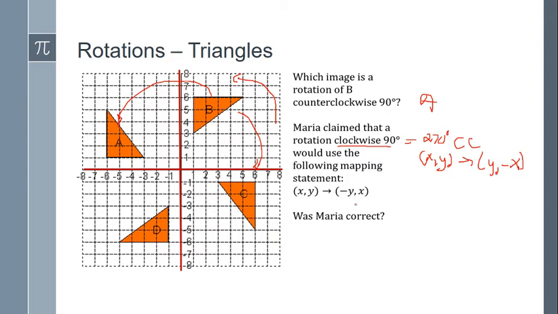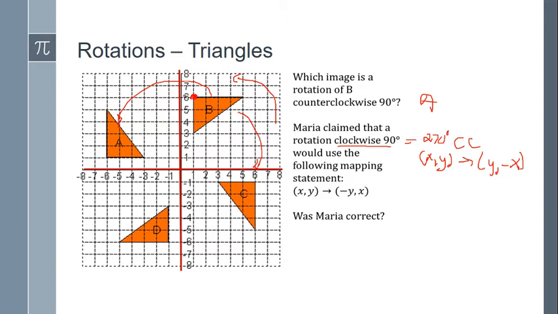Now, that's not what Maria said, though. Maria should have put the negative on the x. So already I'm thinking Maria's wrong, but just to double check, we can label a point and then label its corresponding point, because we can see that triangle C is in fact a 90-degree rotation of triangle B in the clockwise direction. So let's see if her mapping statement holds up by checking a point.